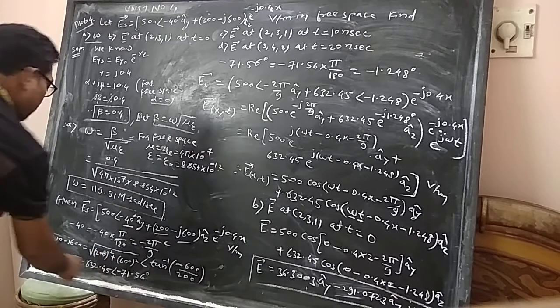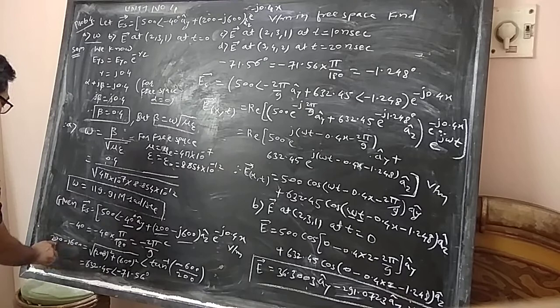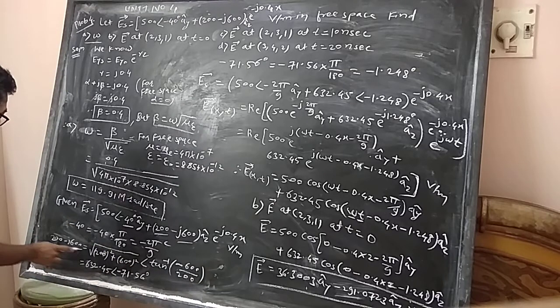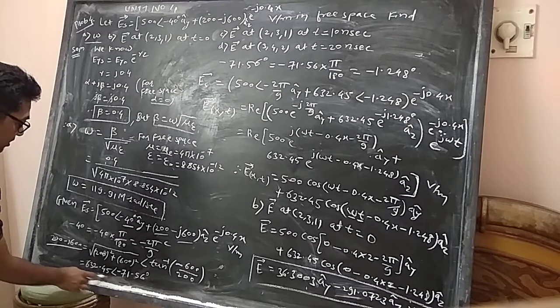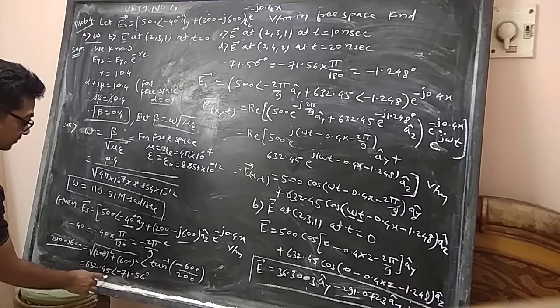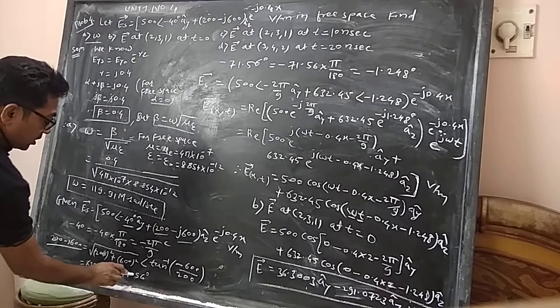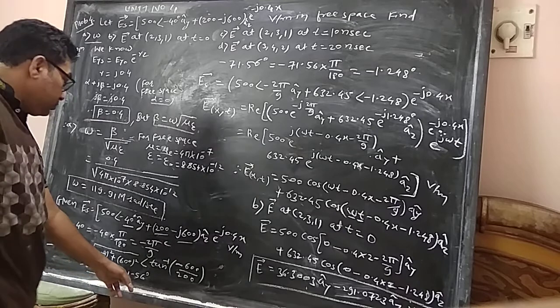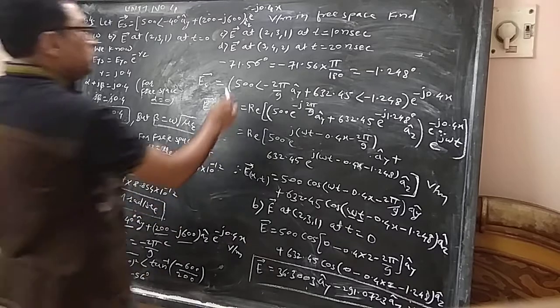The imaginary component is minus 600 and the real component is 200. So 200 minus j 600 is converted into 632.45 angle of minus 71.56 degree.